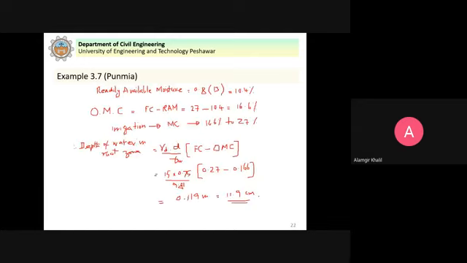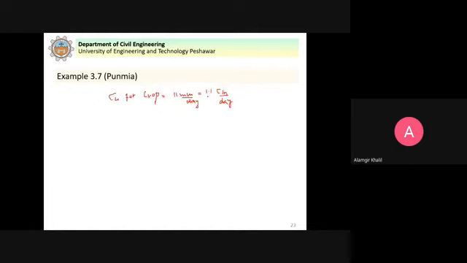Just to keep the units consistent with 11.9 centimeter, I write down 1.1 centimeter per day.